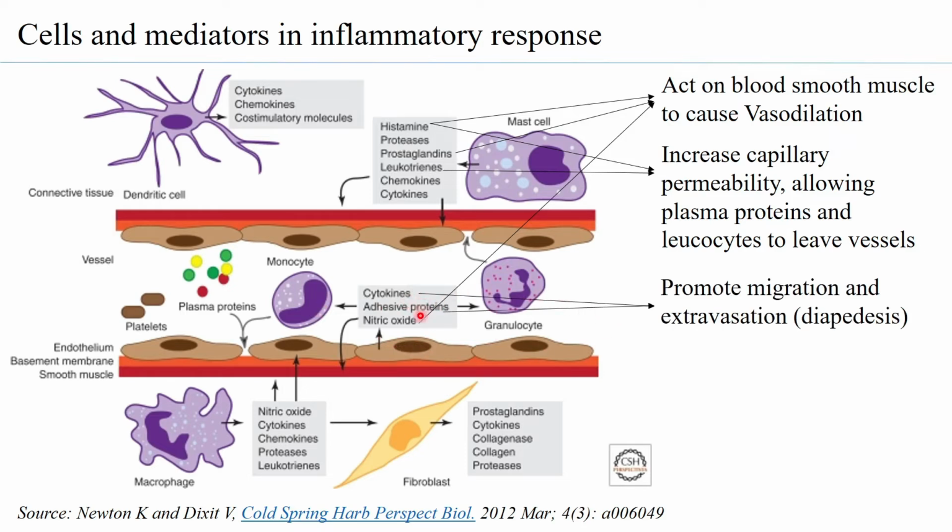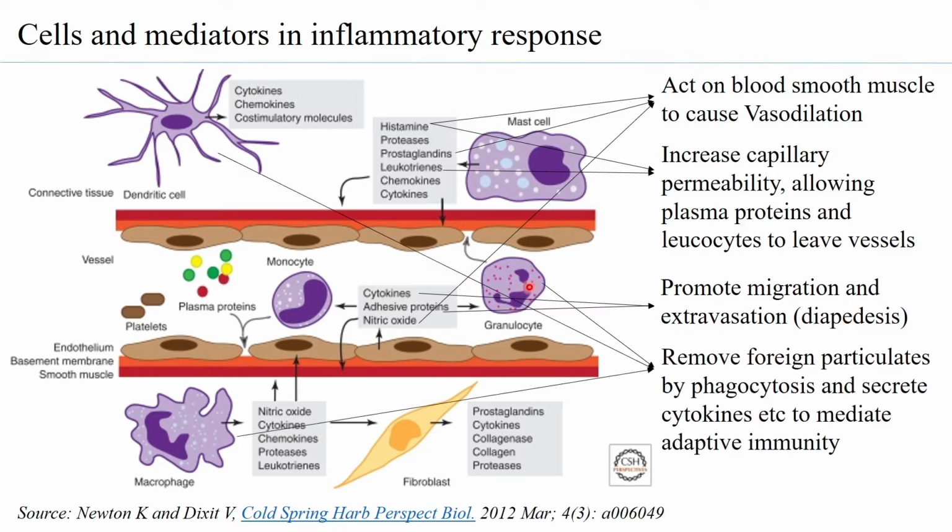You have the cytokines and adhesive proteins being released, which are responsible for migration and extravasation, that is diapedesis. Of course, you have the neutrophils, the dendritic cells, and the macrophages, which are the professional phagocytes, leading to removal of foreign particulates by the process of phagocytosis, and they also secrete cytokines, and these cytokines in turn are able to mediate adaptive immunity.